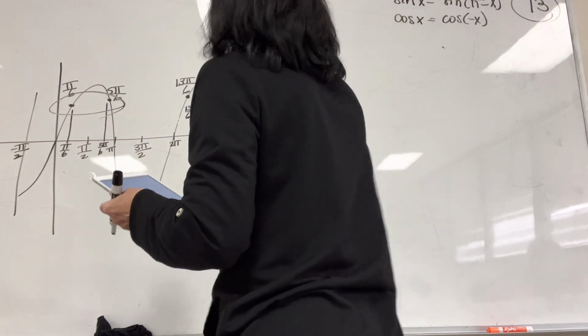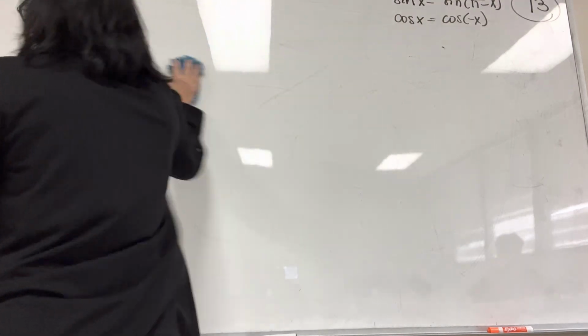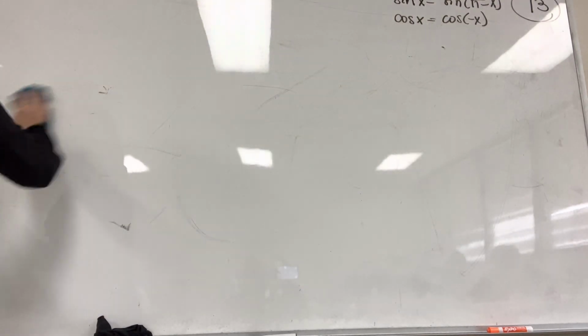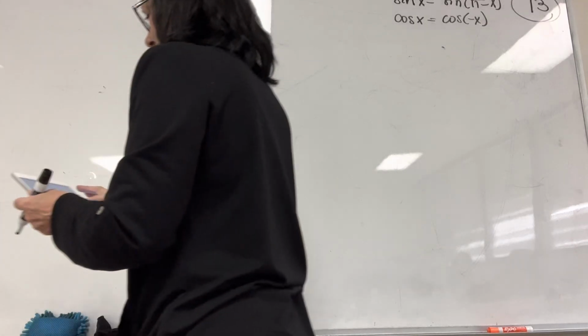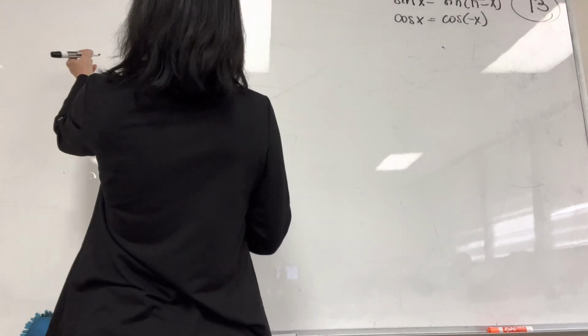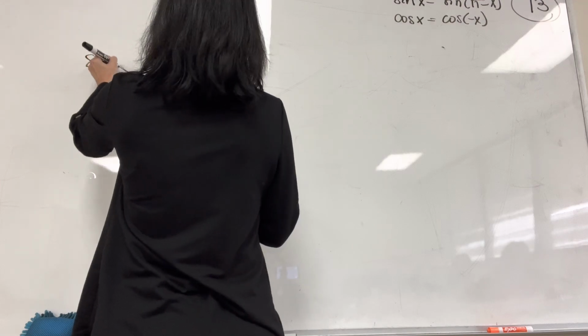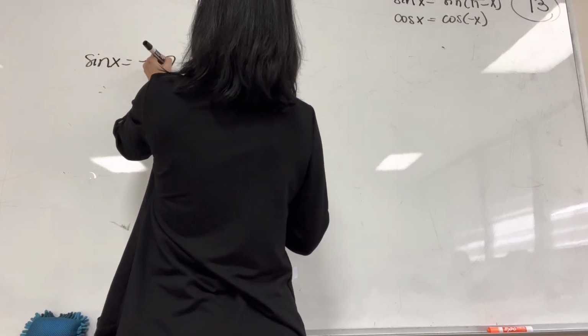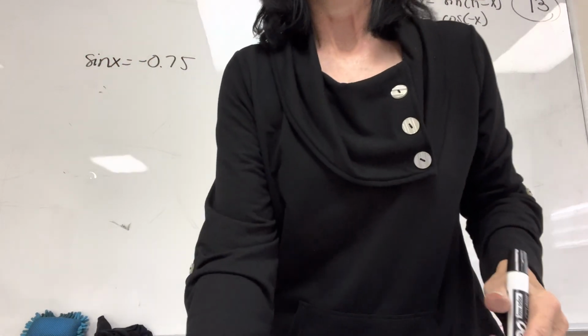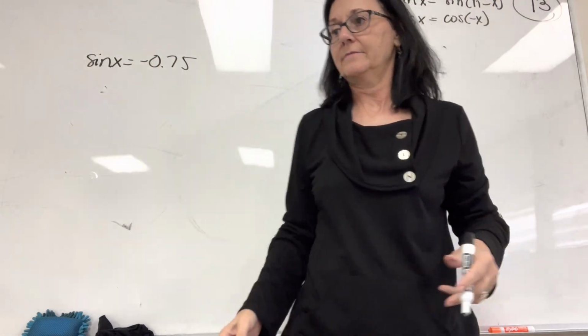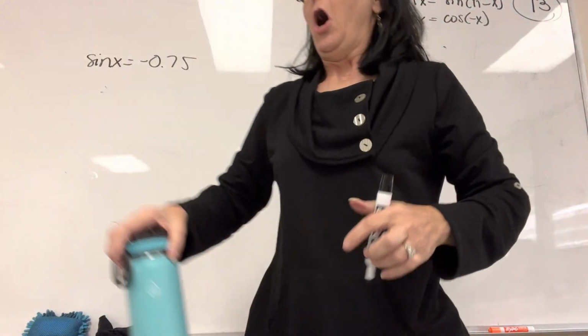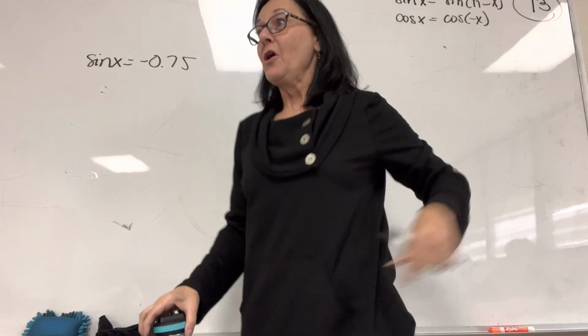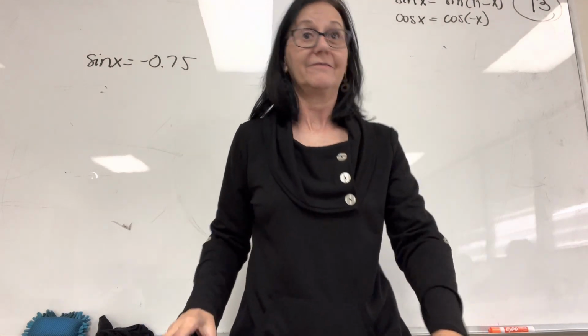All right, so let's apply that in example 2. The sine of x is negative 0.75. What am I going to use to solve for x? I'm going to use inverse, which is going to put me in the fourth quadrant, right?